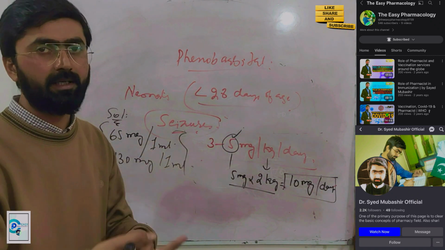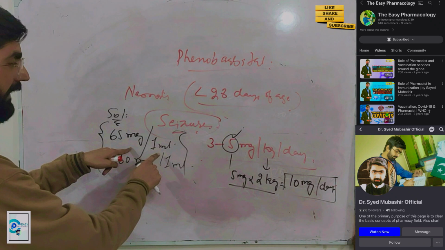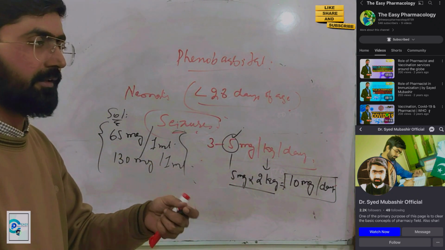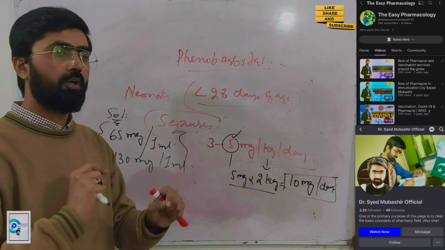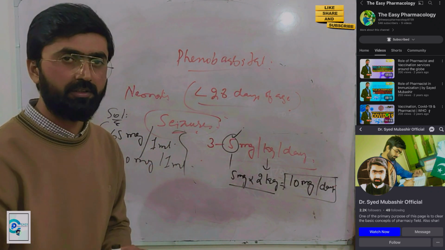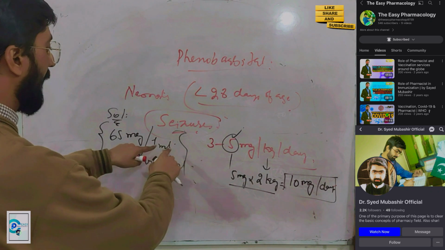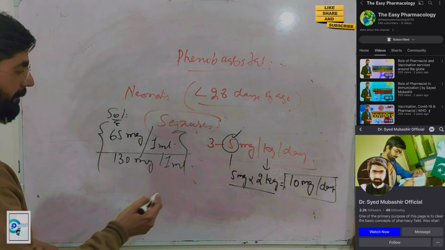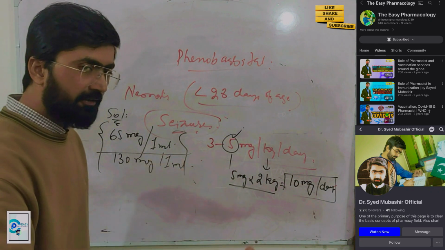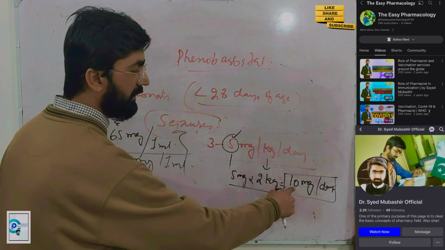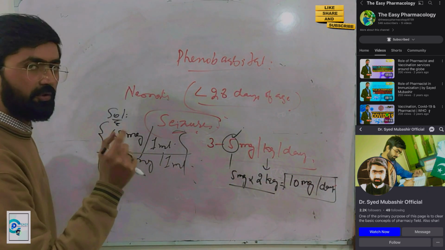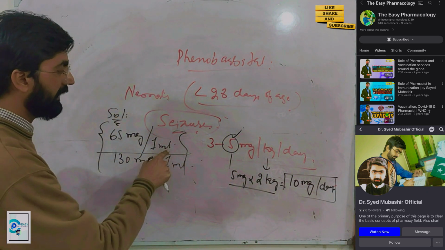But here the available strength is already given per 1 ml, so there is no need for this calculation step, because the ampoule is already containing 65 milligram per 1 ml. The second step is to divide the dose by the amount of drug contained in 1 ml.